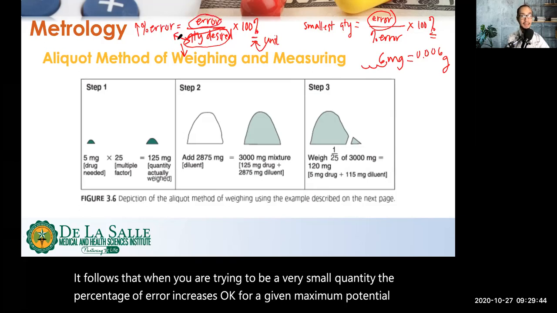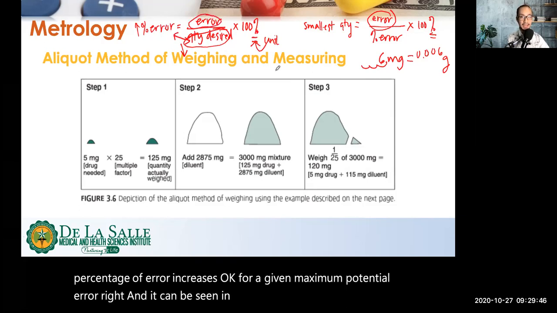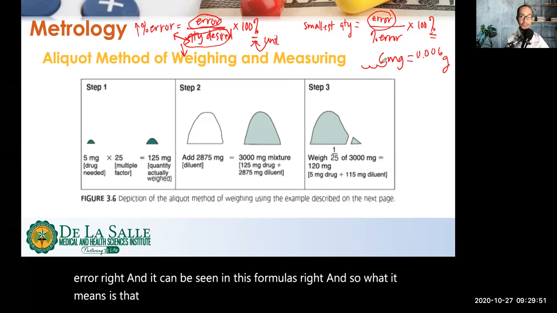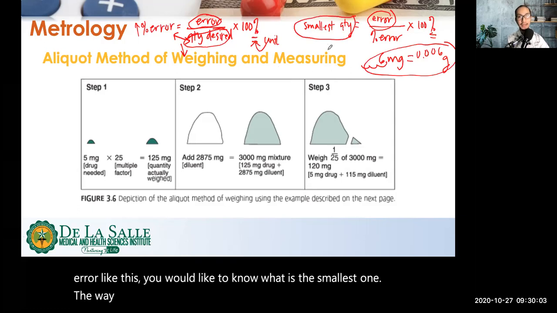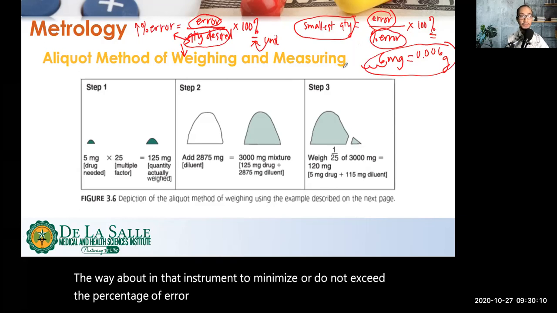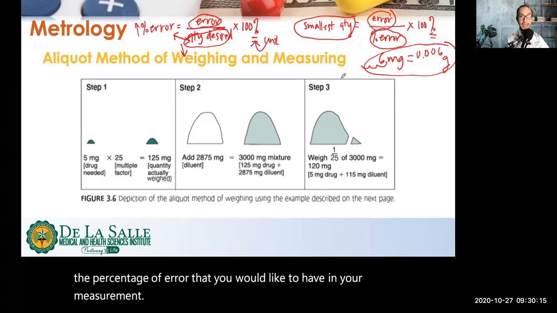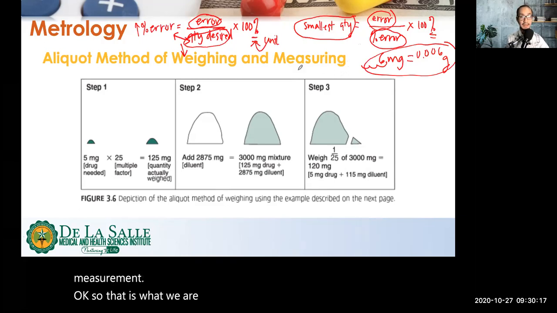It can be seen in these formulas. So what it means is that when an instrument has a given maximum potential error like this, you would like to know the smallest quantity weighable in that instrument so as not to exceed the percentage of error that you would like to have in your measurement. So that is what we are going to do in this discussion.